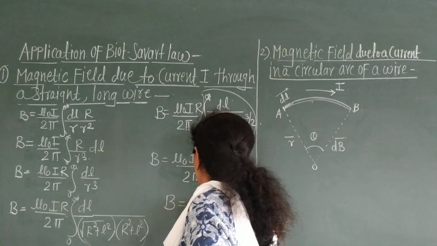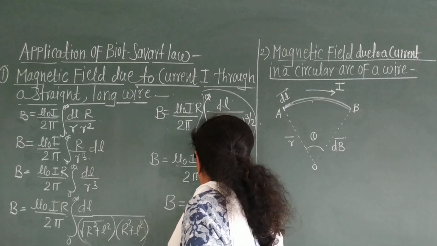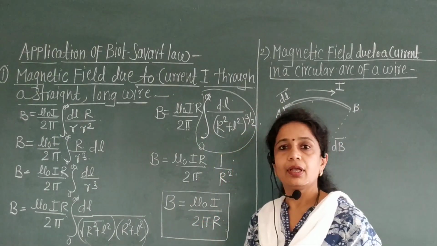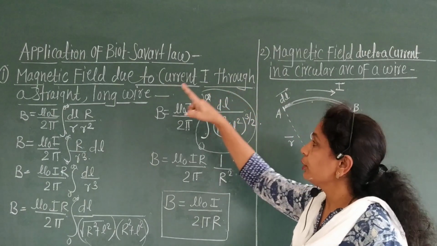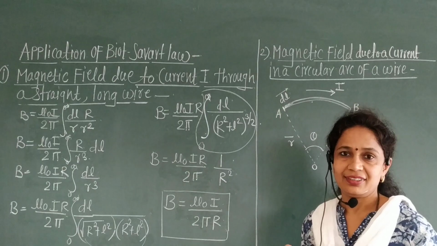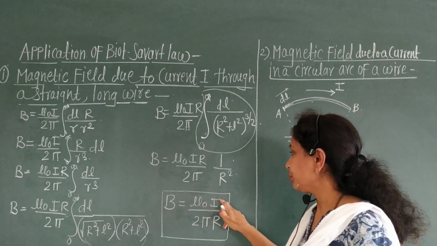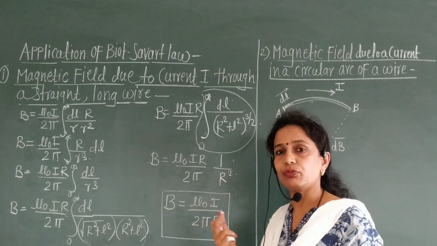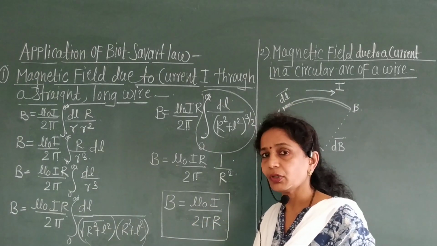Therefore, B is equal to mu 0 I upon 2 pi R. This is the value of the magnetic field due to the current I through a straight long wire. B is equal to mu 0 I upon 2 pi r, where mu 0 is a constant. Its value is 4 pi into 10 raised to minus 7. I is the, what is the I?